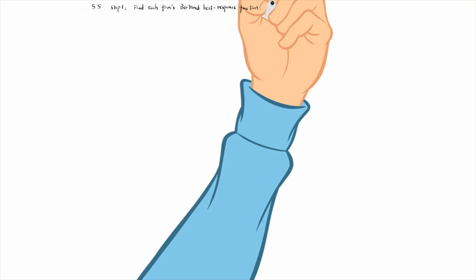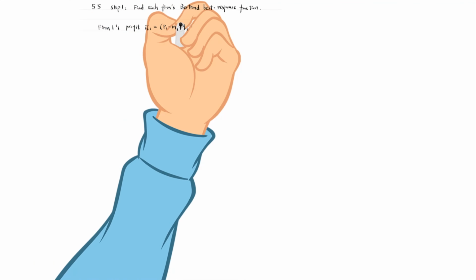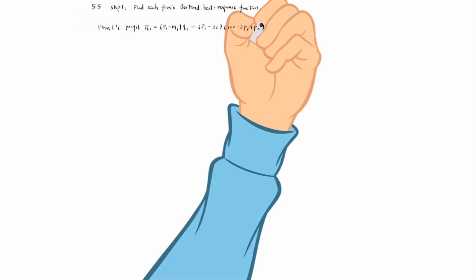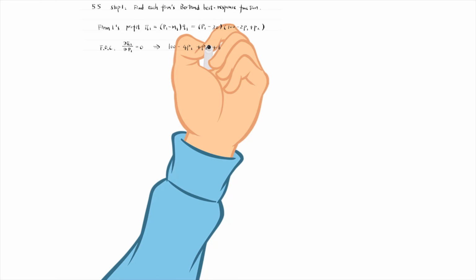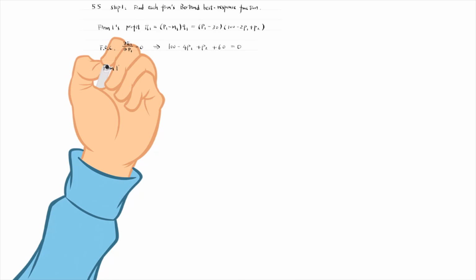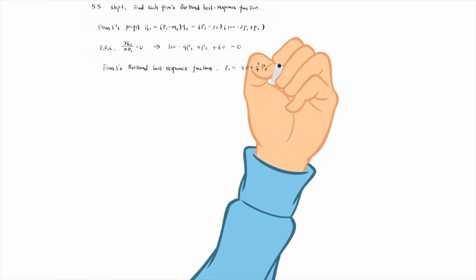In the first step, we find each firm's Bertrand best response function from the first-order condition for profit maximization. The Bertrand best response curve shows a firm's optimal price it charges to maximize its profit for each price its rival sets.